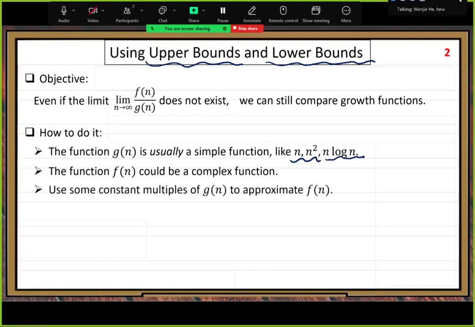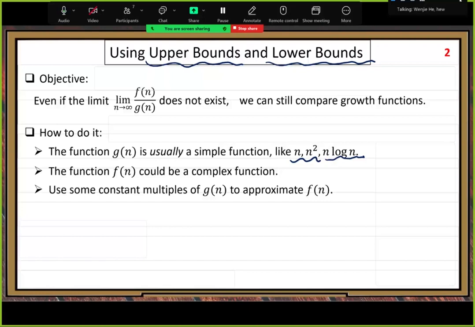If it's complex, then we try to use a constant multiple of the g function to approximate the f function. That's the approximation way. But how do we approximate from two sides?